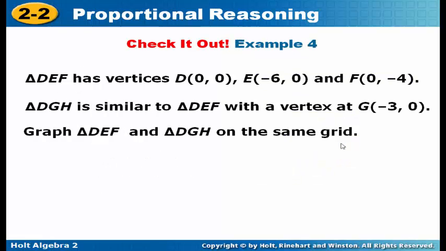Triangle DEF has vertices D (0, 0), E (-6, 0), and F (0, -4). Triangle DGH is similar to triangle DEF, with a vertex at G (-3, 0). Graph triangle DEF and triangle DGH on the same grid.